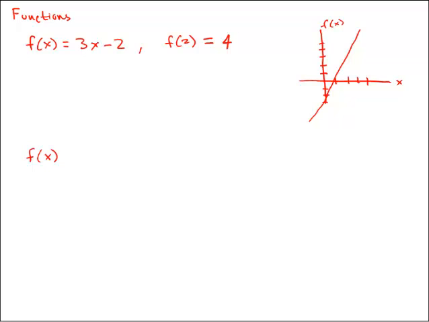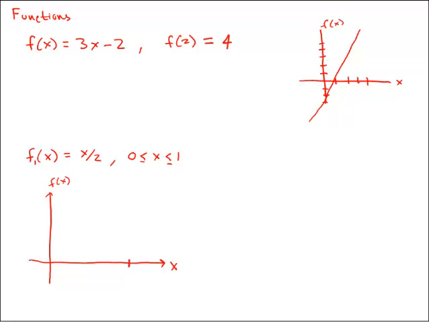Let's pick the example f of x, we'll call it f1 of x, just in case we need to introduce more functions, is equal to x over 2. And we're going to say that x is between 0 and 1, inclusive. Sound good? So how do we draw this out? So here we have x and f of x.